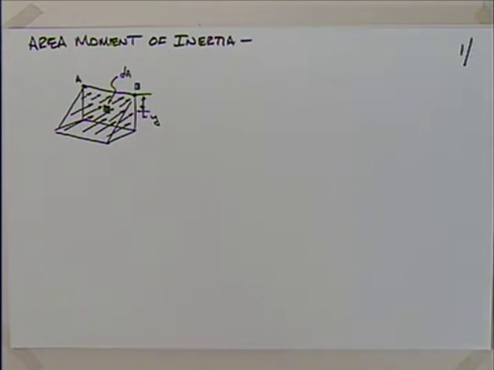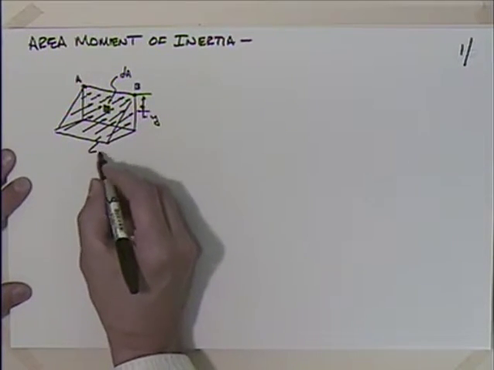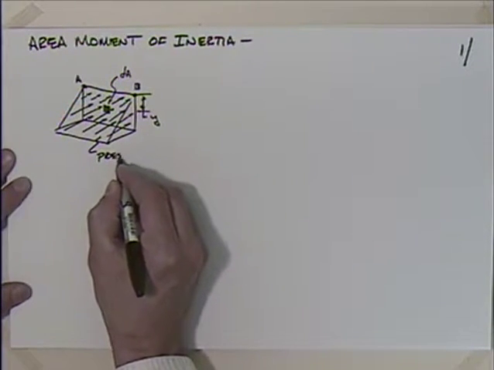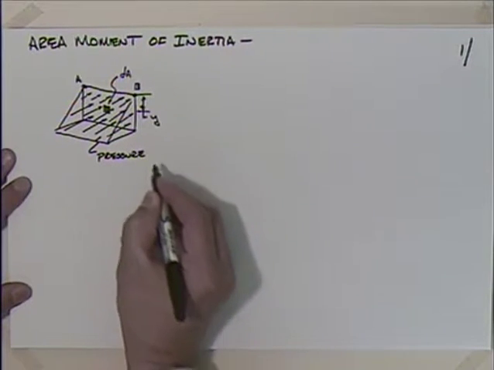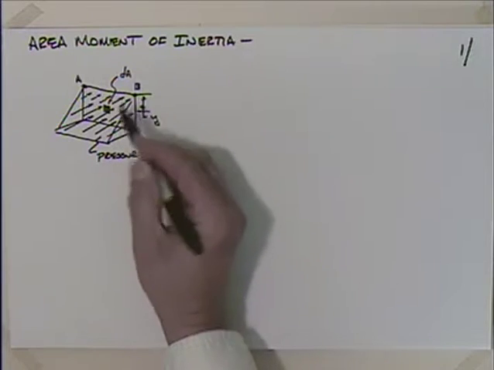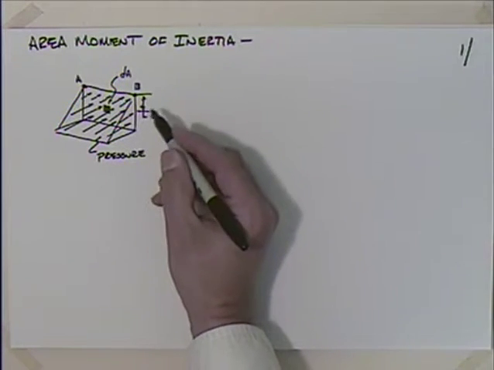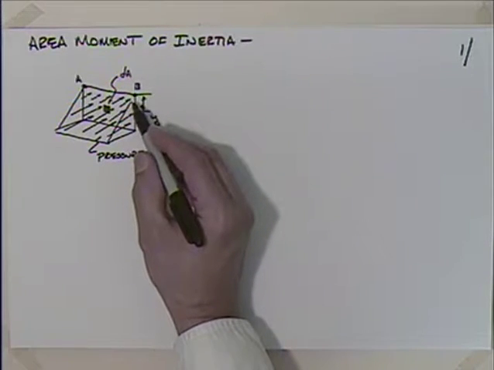Well, I wanted to start this discussion and think about if you had some pressure distribution here. Okay, and if I look at this area, we're going to say that this pressure distribution is triangular. This might be a little bit like you'd have if you had some water pressure.